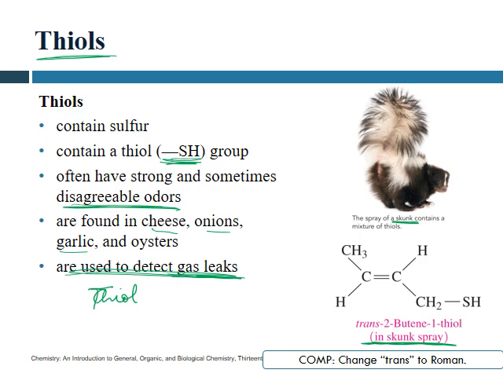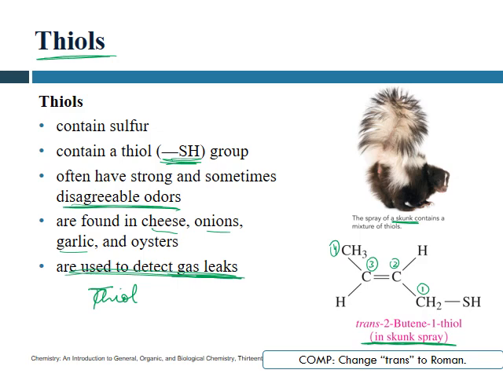Okay. So if you were to name it, let's say the name was not given, how would you do this? You see the compound, you find the longest chain again. What is the longest chain? Right here, thiol will be given the preference. So this is 1, 2, 3, 4. We see it has a double bond, so this will be a 4 carbon chain with a double bond, so it would be called butene.